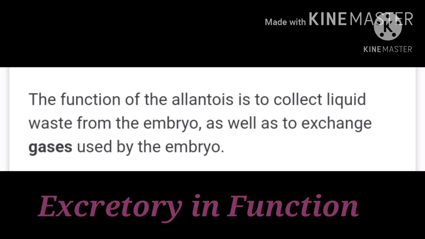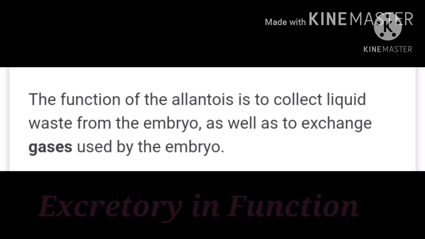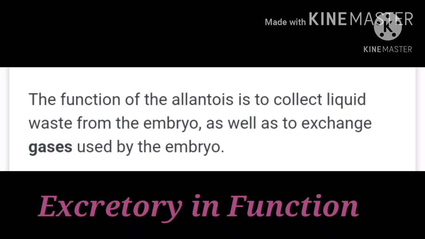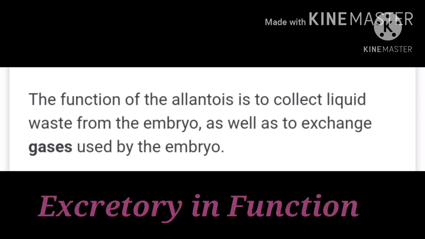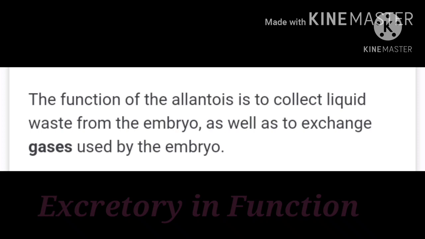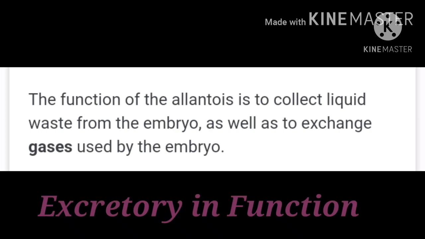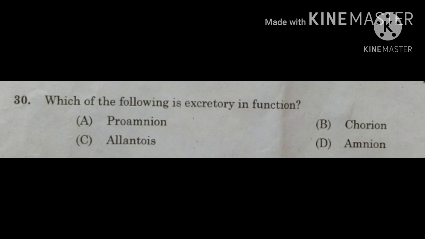The main function of amnion is to provide protection, and the main function of chorion is to provide nutrients through chorionic villi. Then the main function of allantois is to perform excretion. It is excretory in function. Okay. So the correct answer for this question is option C, allantois, which is excretory in function.